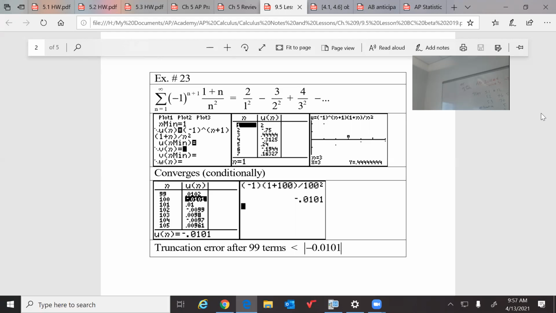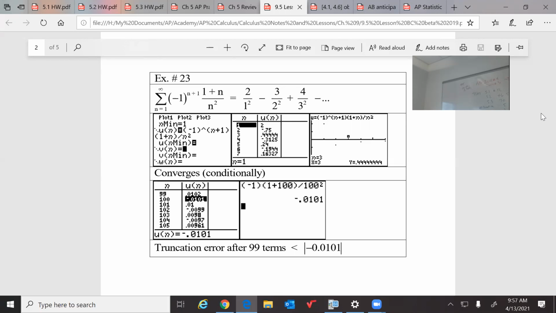Now what? Well, what is the error after 99 terms? Well, after 99 terms, the error is going to be less than the 100th term. Think about that. See, what's the error after the second term? It's easier to look at the second term.